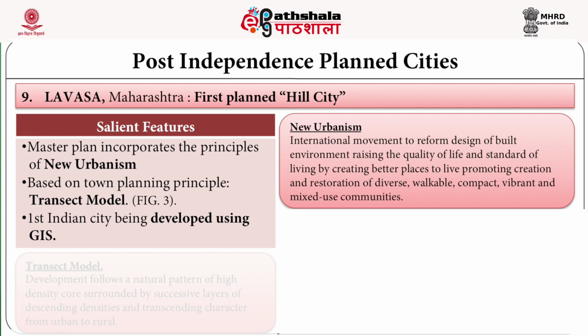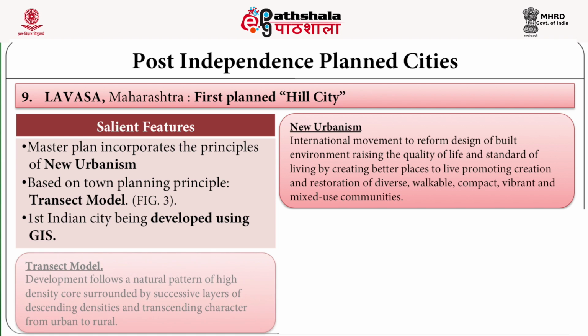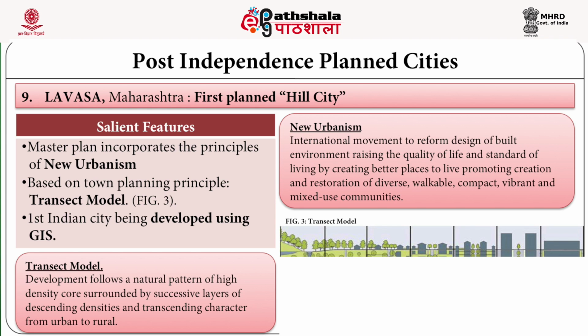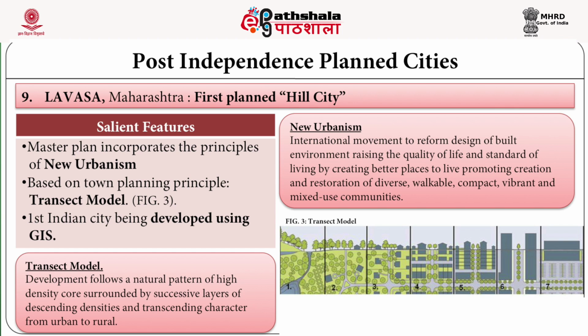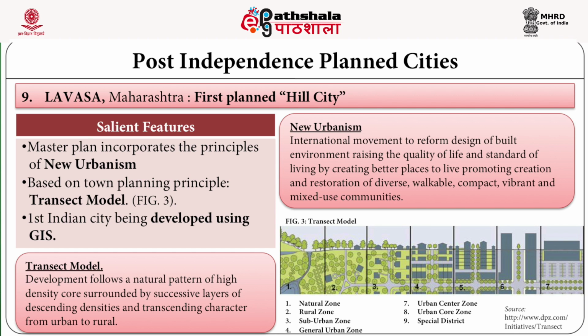Now the transect model is that development which follows a natural pattern of high density core surrounded by successive layers of descending densities and transcending character from urban to rural. You can see this figure which shows the transect model. The first is the natural zone, the second is the rural zone, the third is the suburban zone, the fourth is the general urban zone, the fifth is the urban center zone, the sixth is the urban core zone, and the seventh is the special districts.